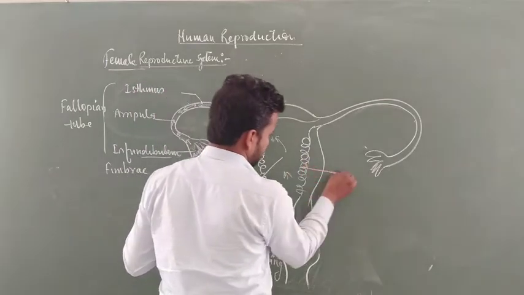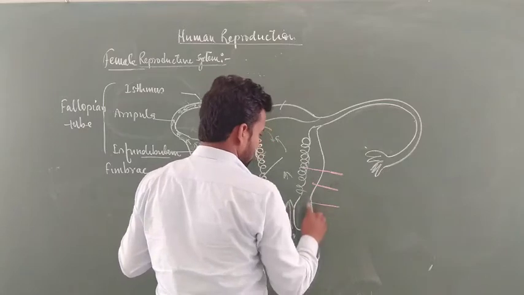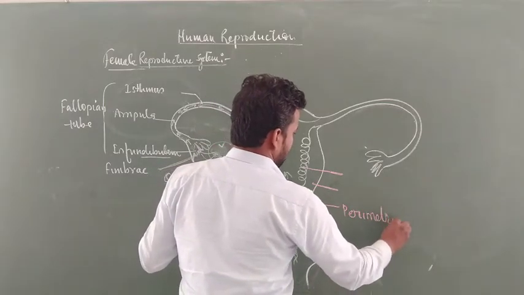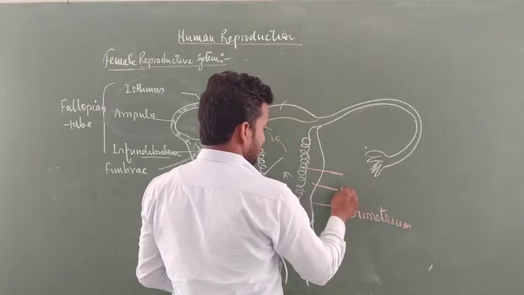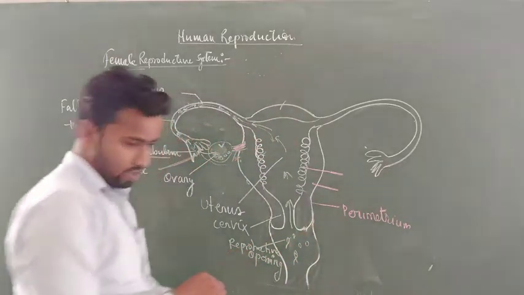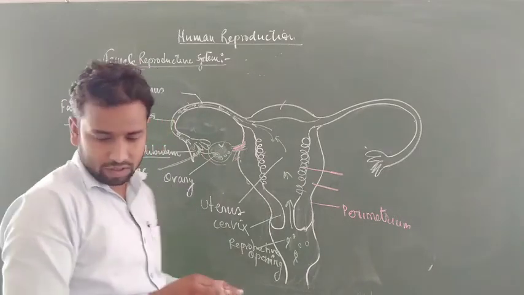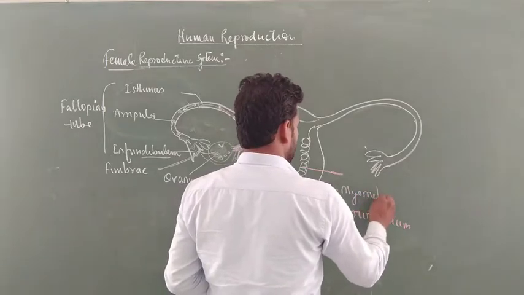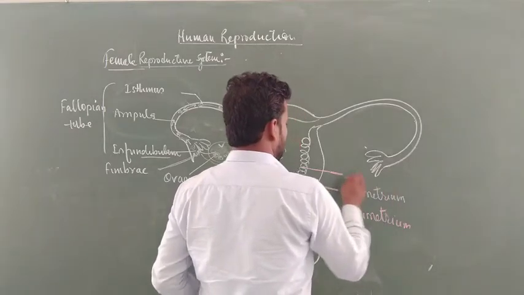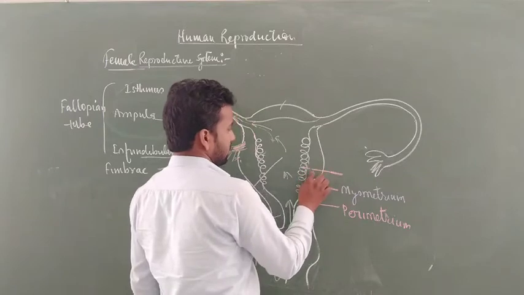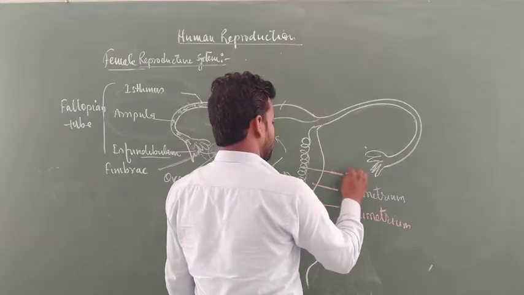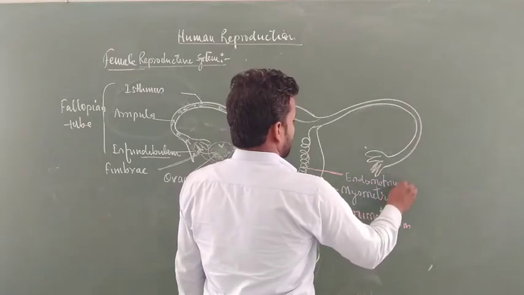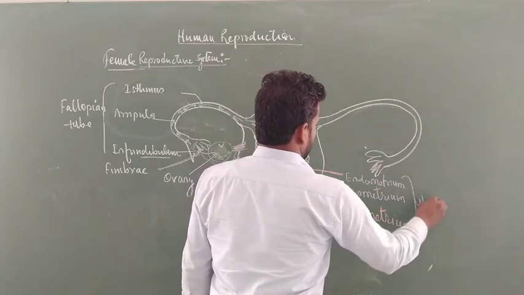The outer layer is called the perimetrium. The middle zone of the uterus is called the myometrium, and the inner layer of the uterus is called the endometrium. All these together form the uterine wall.